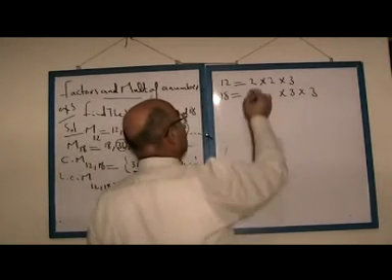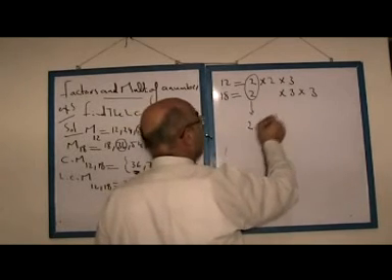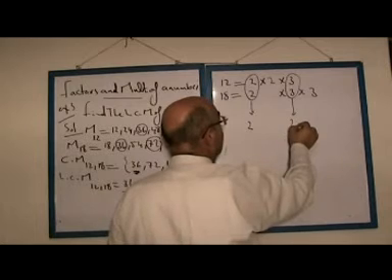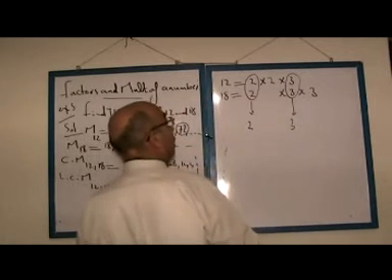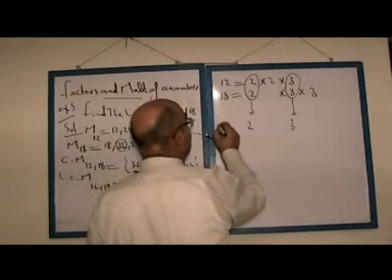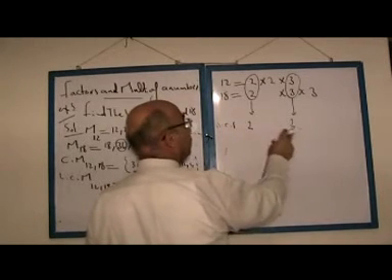Here we notice that 2 is common, so from this we take 1. 3 is common, so from this we take 1. So for the highest common factor, we used to multiply these two together.